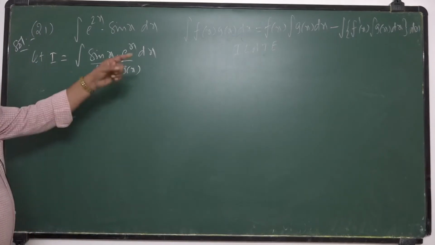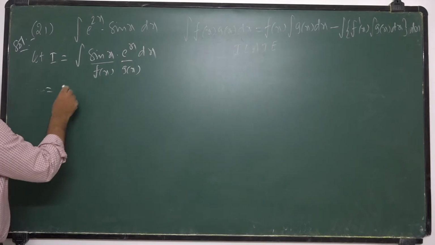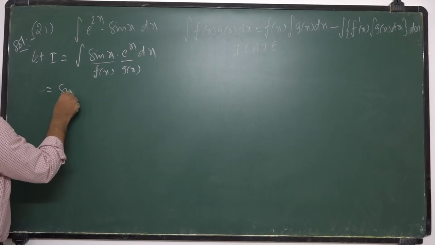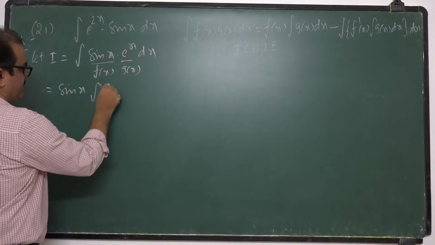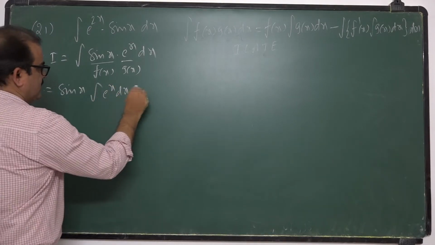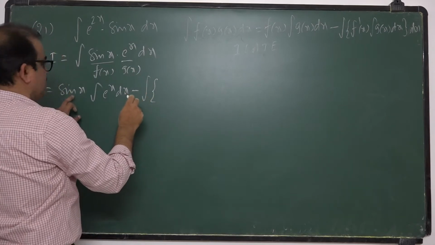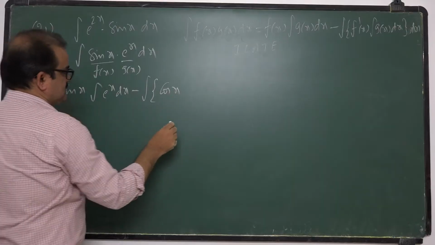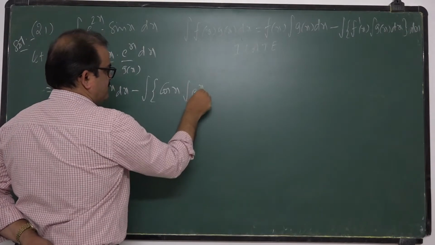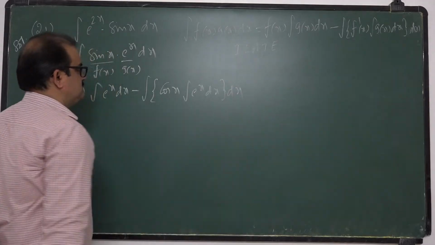Okay, apply that formula. From that formula it is f of x, sin x, into integral of g of x, e power 2x dx, minus integral of f dash, the derivative of sin x, cos x, into integral of e power 2x dx, whole dx.